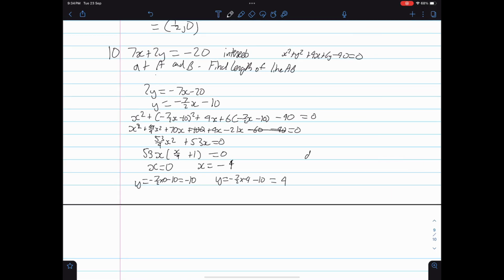And then the distance between A and B is just going to be the square root of (4 plus 10) squared plus (minus 4) squared.